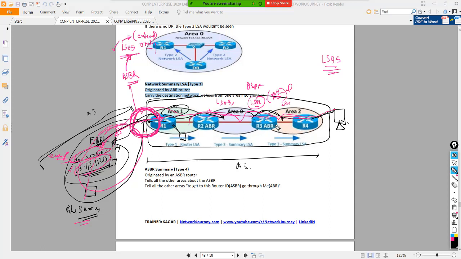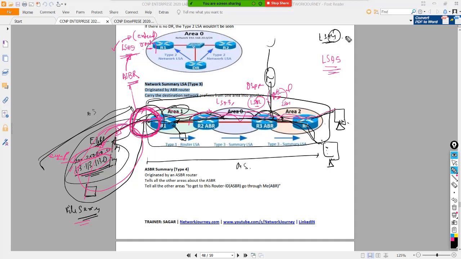Now how would this user know that his traffic should go in this direction and not in another direction? Let's say there were some other routers or ASBRs as well. How is this user going to know that his traffic must be sent to this ASBR and not to any other ASBR? That's where LSA 4 comes into the picture.